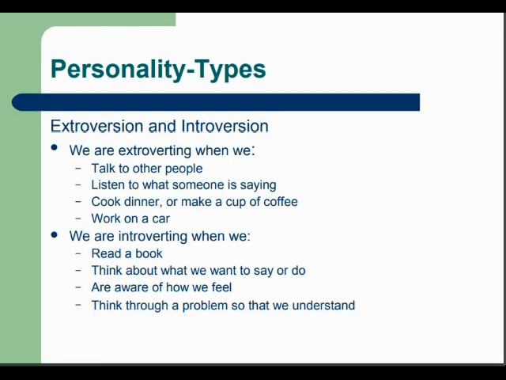We are extroverting when we talk to other people, listen to what someone is saying, cook dinner or make a cup of coffee, work on the car. We are introverting when we read a book, think about what we want to say, are aware of how we feel, think through a problem so that we understand.